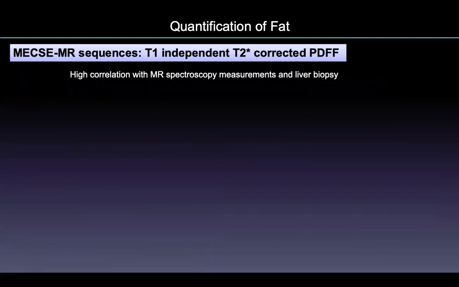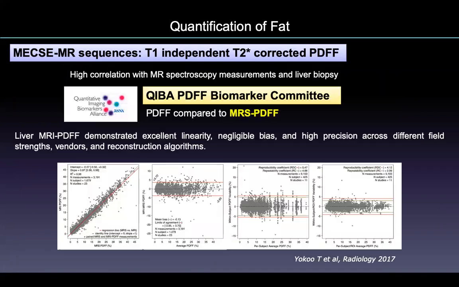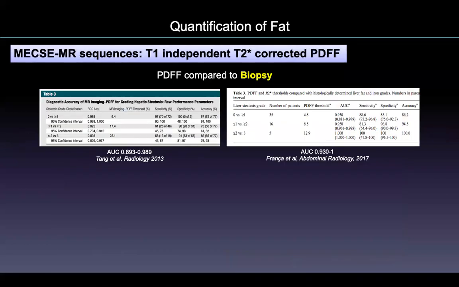So these sequences are well correlated with MR spectroscopy measurements and liver biopsy. In fact, in this meta-analysis published by the RSNA-QIBA PDFF Biomarker Committee, in which they compared MR PDFF with MR spectroscopy PDFF measurements, PDFF obtained with these multi-echo sequences demonstrated an excellent linearity with a negligible bias, with a high precision across different field strengths, vendors, and reconstruction algorithms.